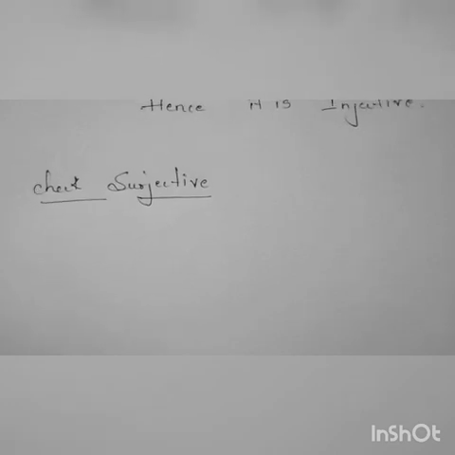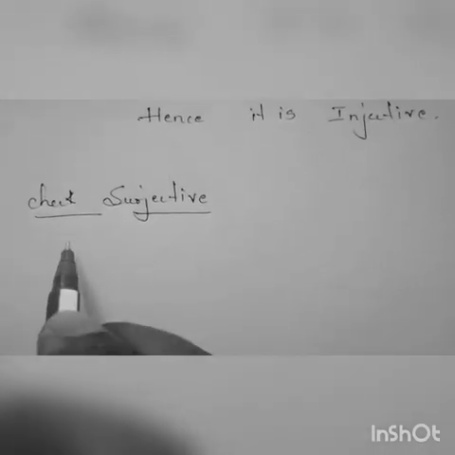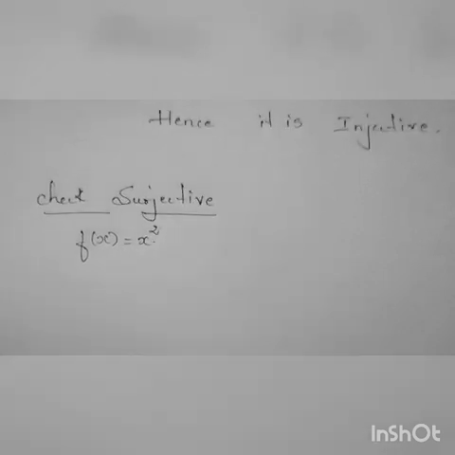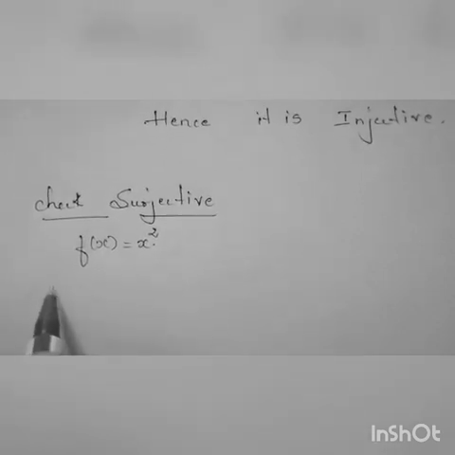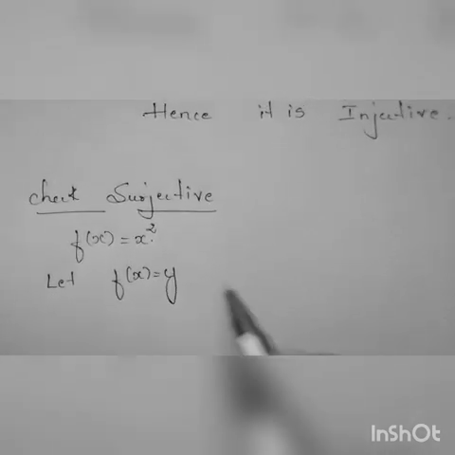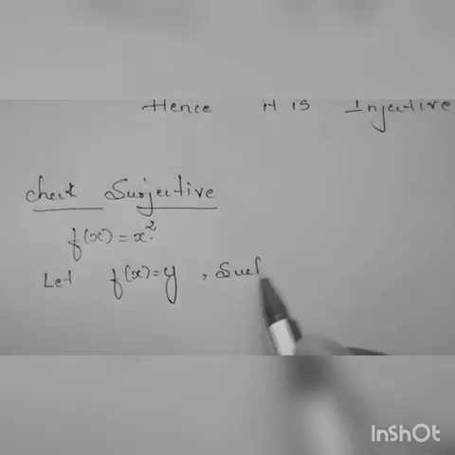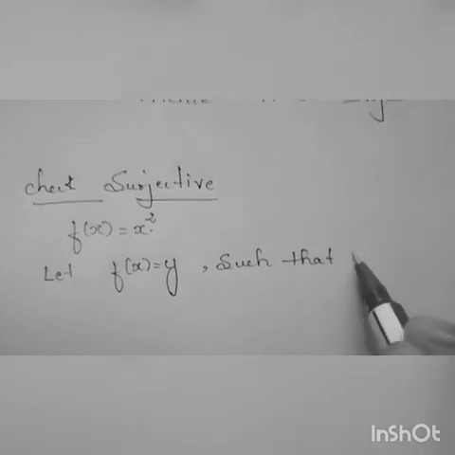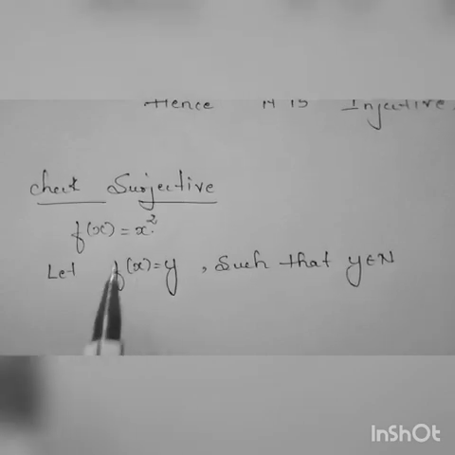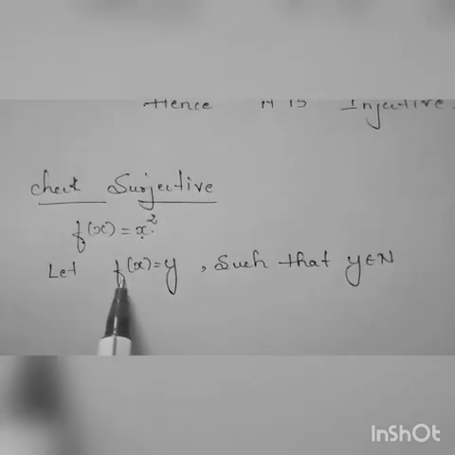Now we shall prove onto, that is nothing but surjective. To check surjective, first we consider f of x, which is given as x square. Let f of x be equal to y such that y belongs to N. So f of x is equal to x square, and f of x is equal to y.